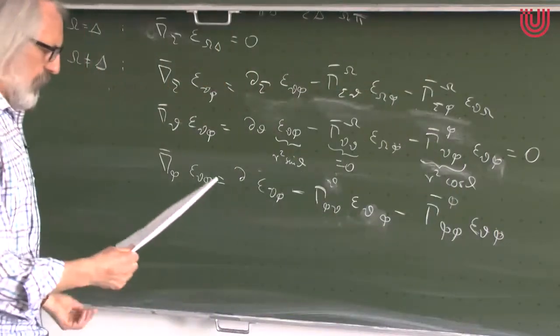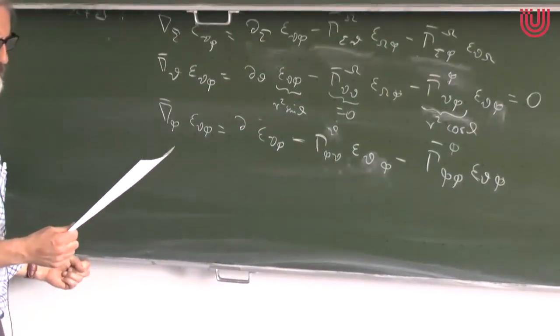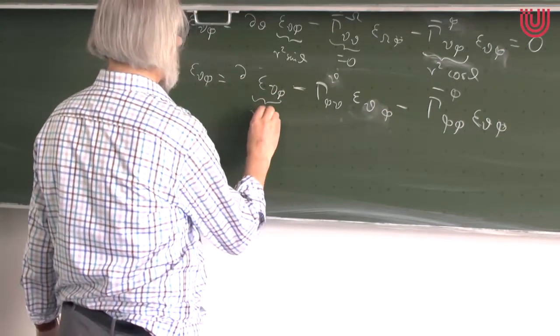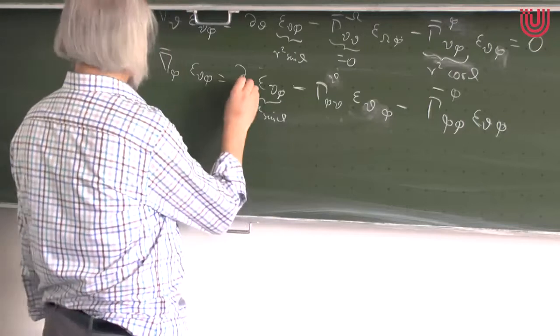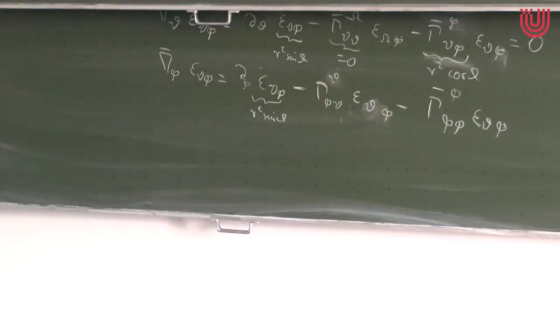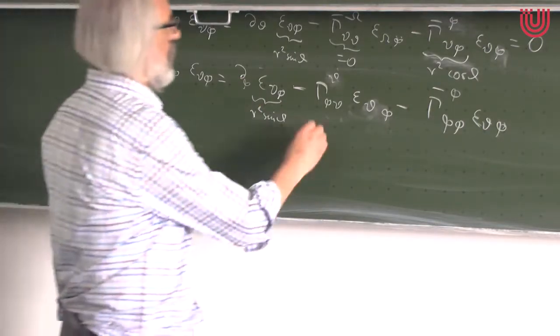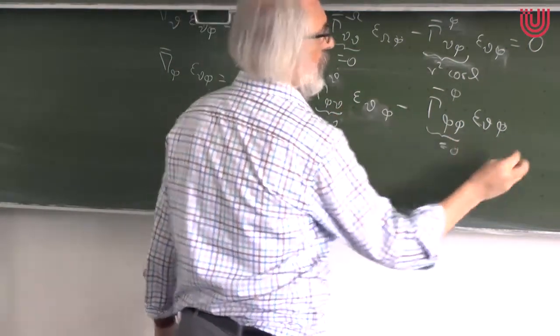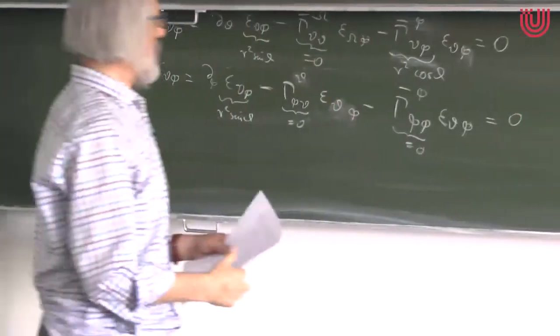Okay, and what is this? You have to check this again. This is r squared sine theta. So if I take the derivative with respect to phi, I get 0, and all these things are also 0. So I get a 0 altogether. Yeah.